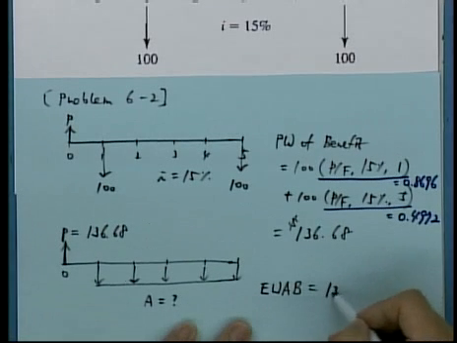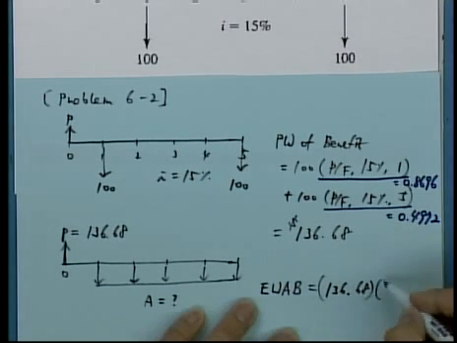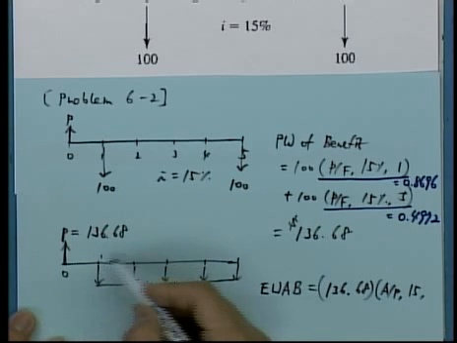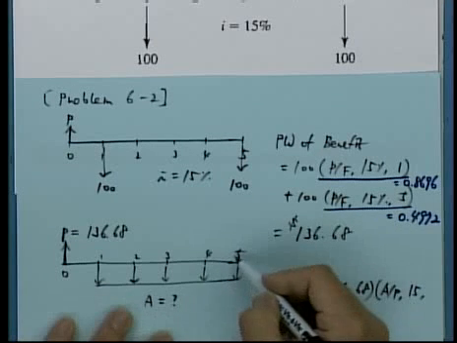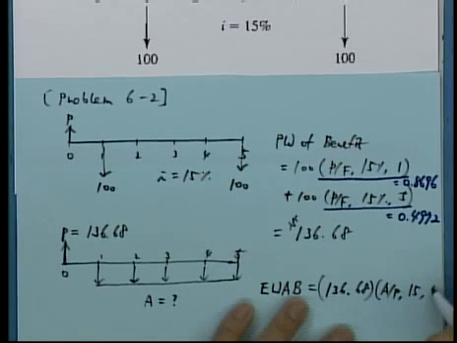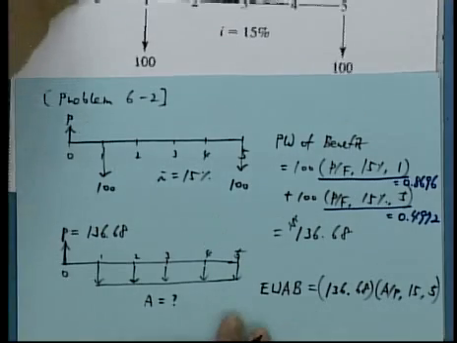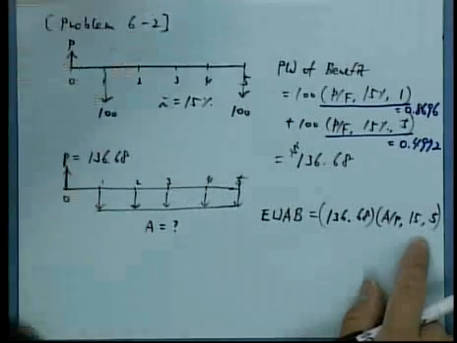So it's going to be 136.68 times A given P, same interest rate, 15% over 5 periods. So what is the value of this?